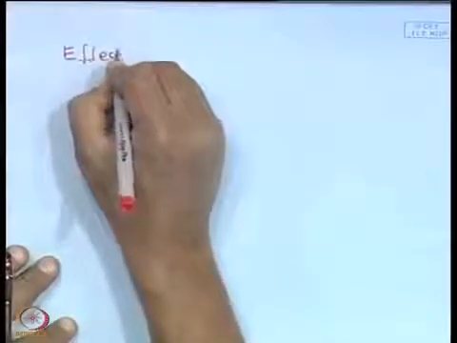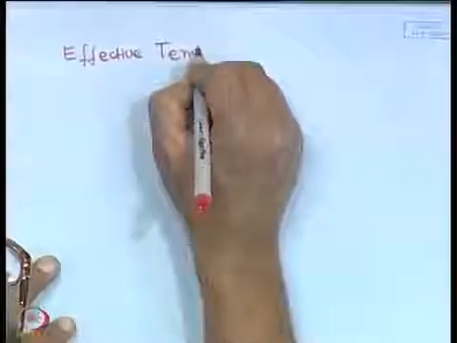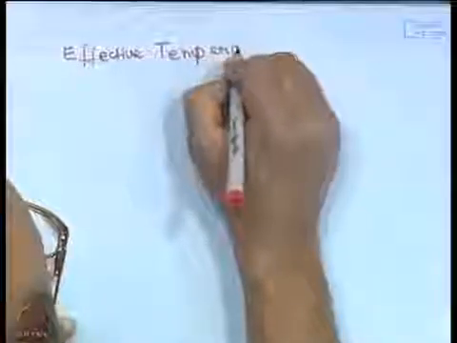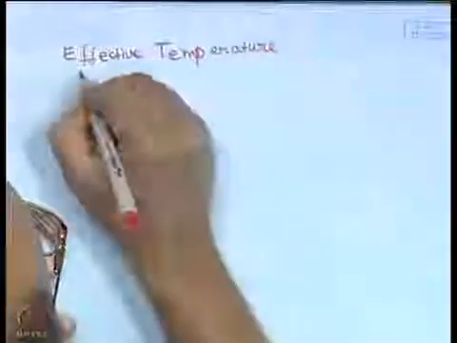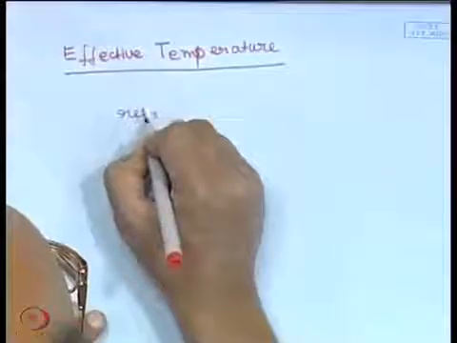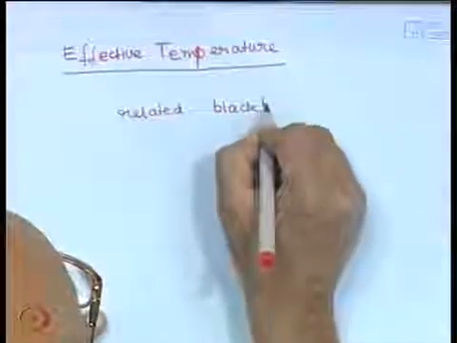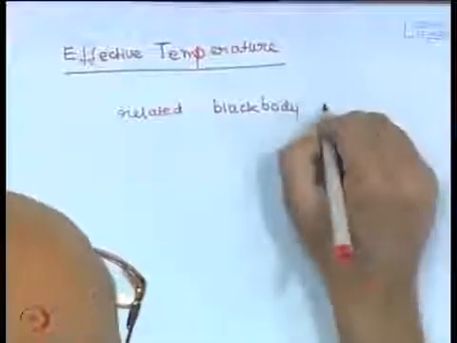The real temperature of the source we do not know, but this gives us some handle on what we call the effective temperature of the source. And these effective temperatures are related to the black body spectrum.